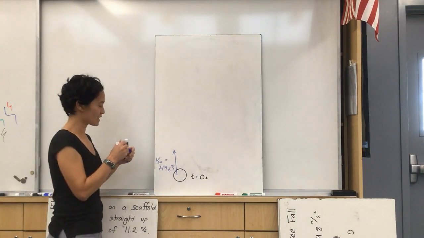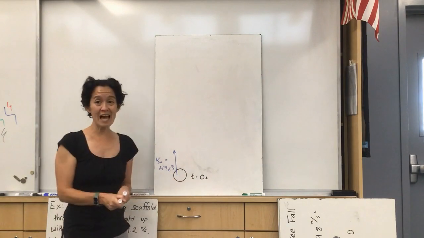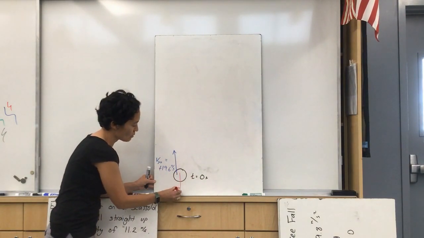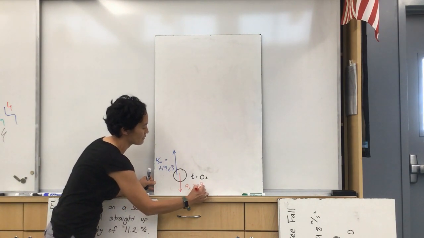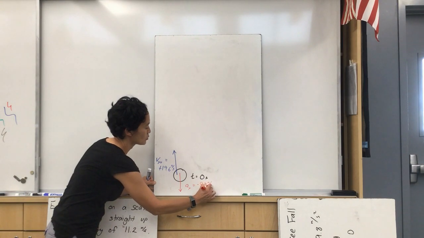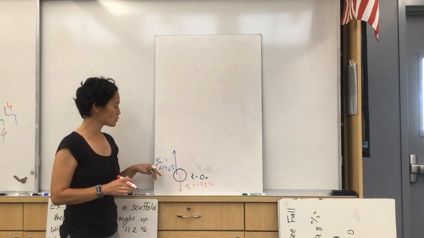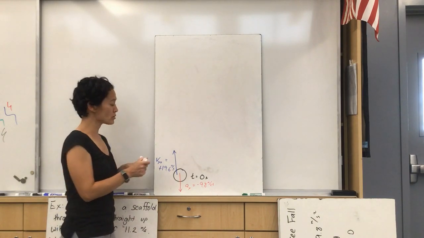Very specific velocity. So I throw it up at 19.6 meters per second. Gravity is acting on it. The Earth's pull is acting on it. It's always going to be downwards. So I am always going to have this y acceleration of negative 9.8 meters per second squared. And I'm being consistent in my color notation so you don't get mixed up between velocities and accelerations. Okay? So that's at time equal to 0 seconds.